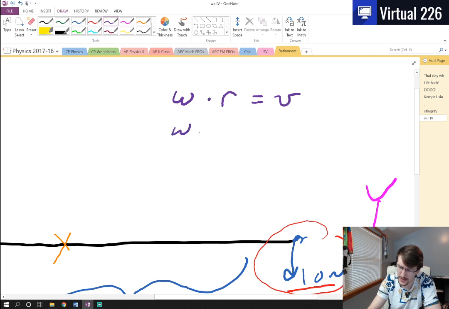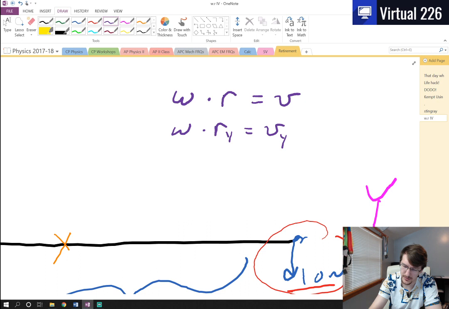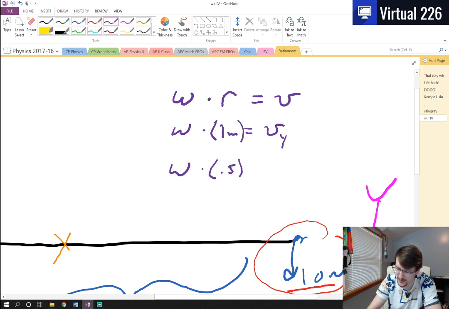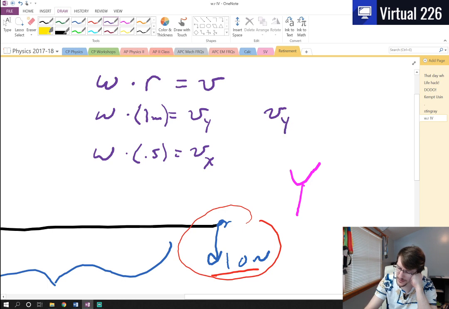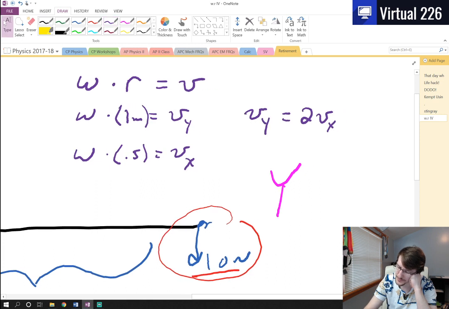For y, that's going to be twice the amount of x because this is sitting at 1 meter, and for x it's sitting at 0.5, like that. So you know that Vy is equal to twice that of Vx.